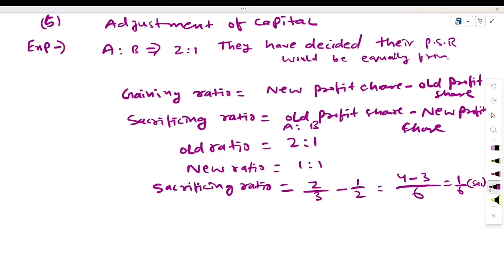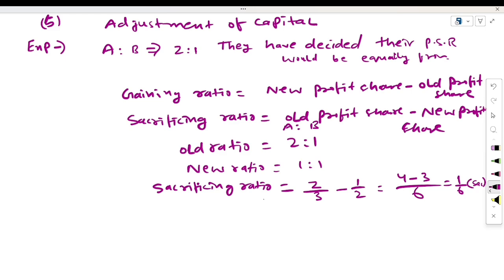While using the gaining ratio formula, you have to understand it the same way. If the answer is positive, it means gain. And if the answer is negative, then it may be sacrifice.